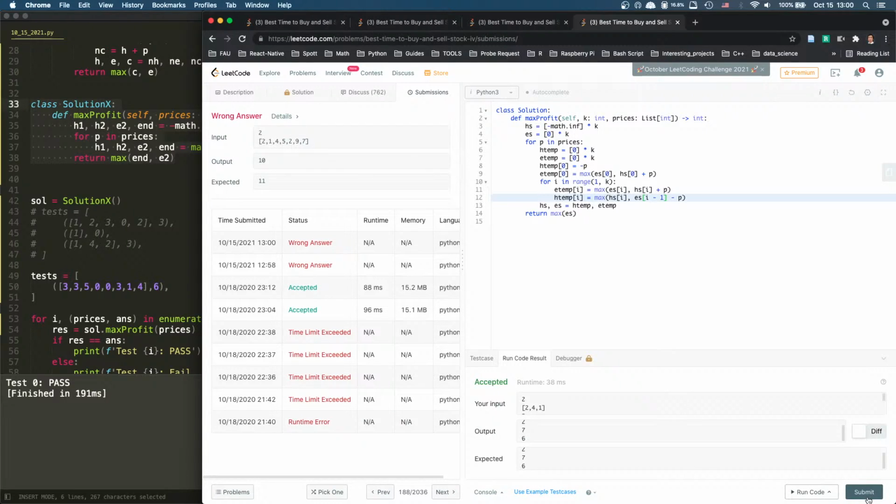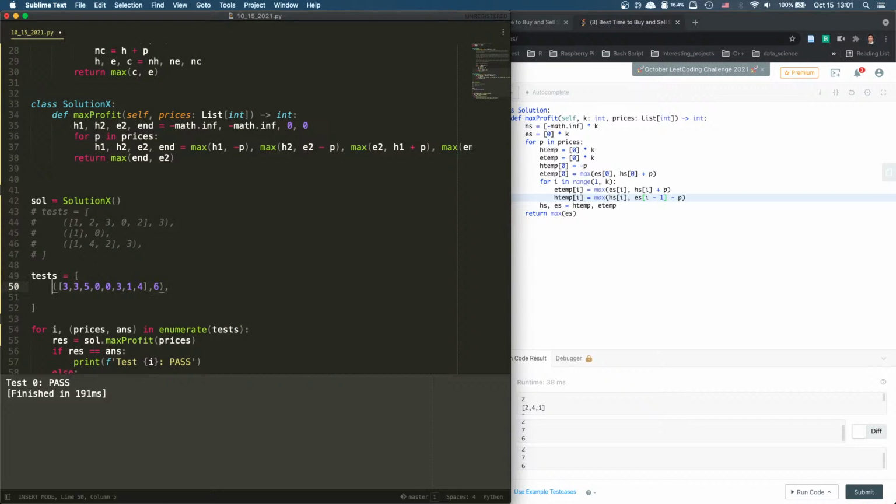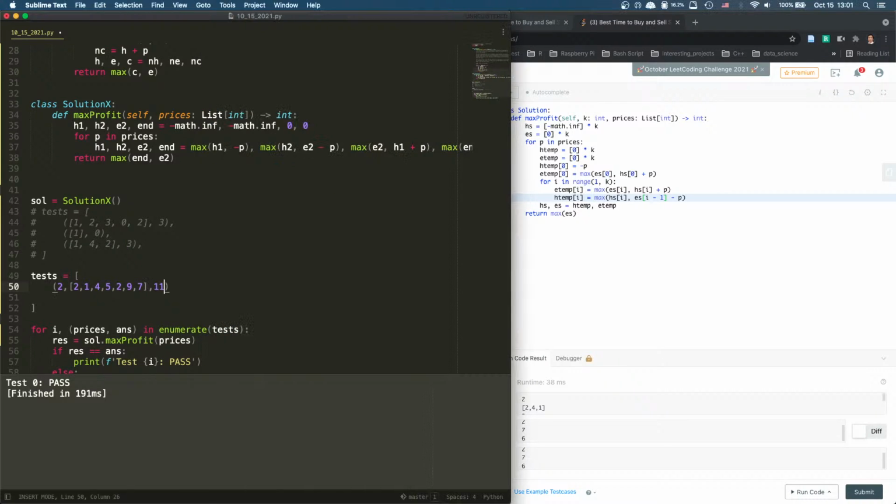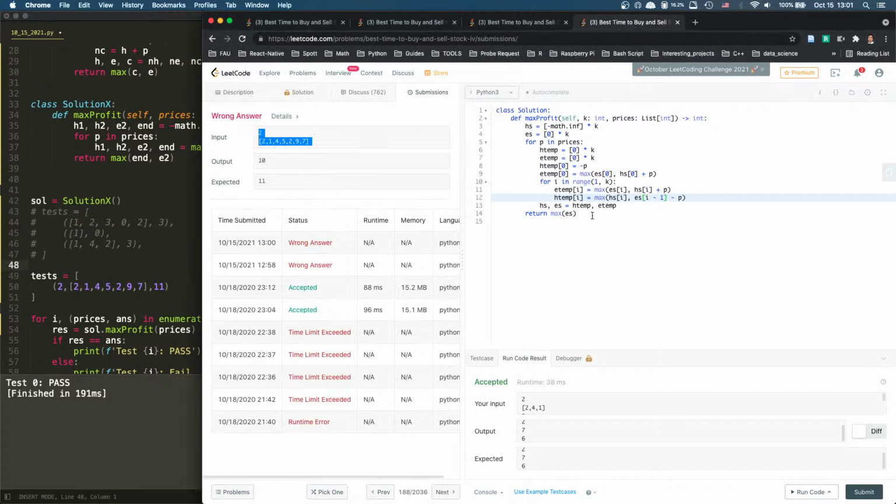No me gusta. The heck? That's still not right. Okay, let's take a closer look at this one. We passed this test case, but we fail on this one. It's supposed to be 11. The output is not.